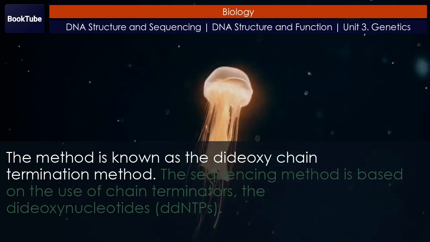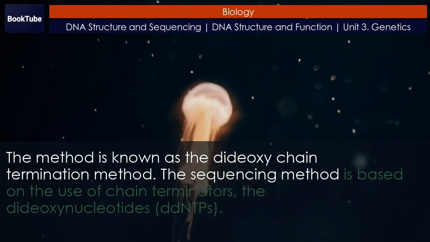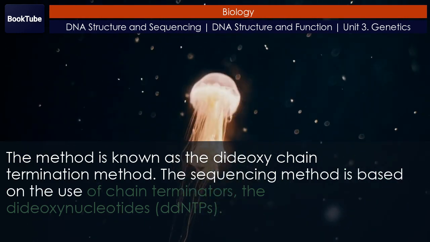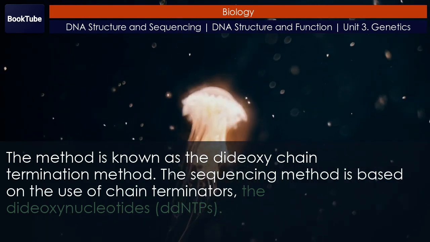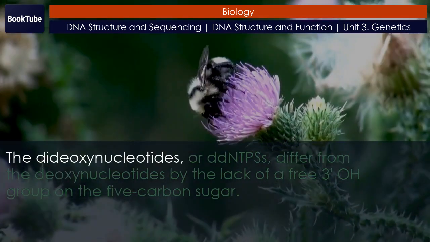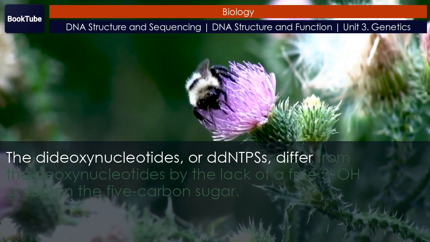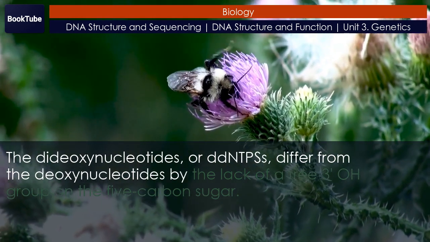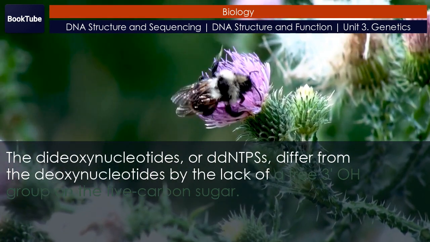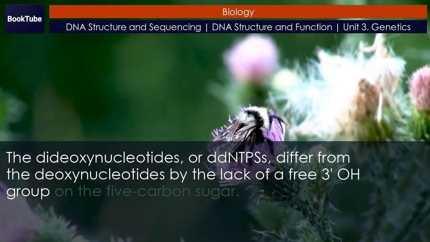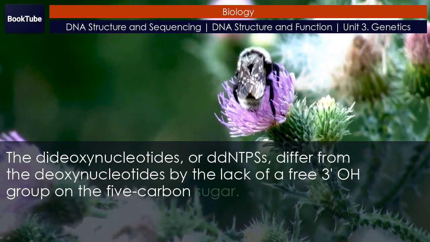The sequencing method is based on the use of chain terminators, the dideoxynucleotides, ddNTPs. The dideoxynucleotides, or ddNTPs, differ from the deoxynucleotides by the lack of a free 3' OH group on the 5-carbon sugar.